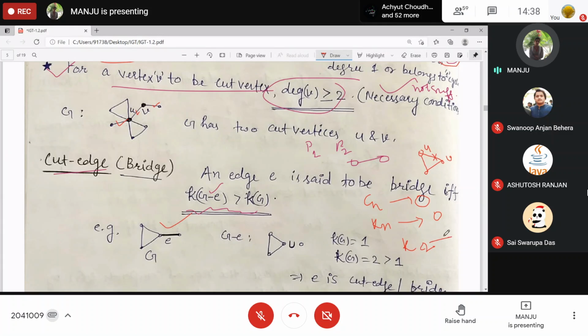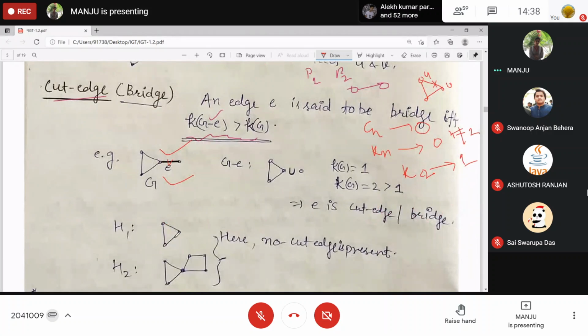For K2 it is one, since here n is not equal to 2 otherwise. Here you have one bridge. Clear? In this graph, one. This edge, right? What about this graph and this graph?